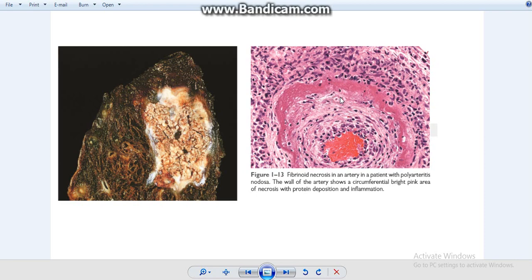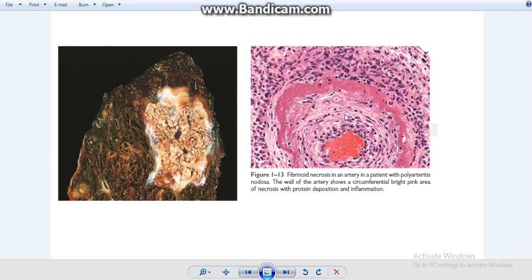Most commonly it is an autoimmune reaction from the vessel, an antigen-antibody reaction, such as in a patient with polyarteritis nodosa, or vasculitis, or the patient can have malignant hypertension.